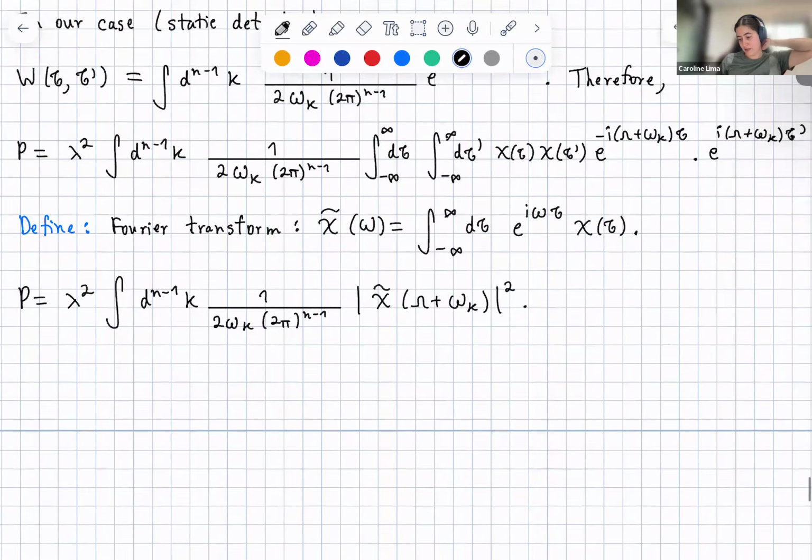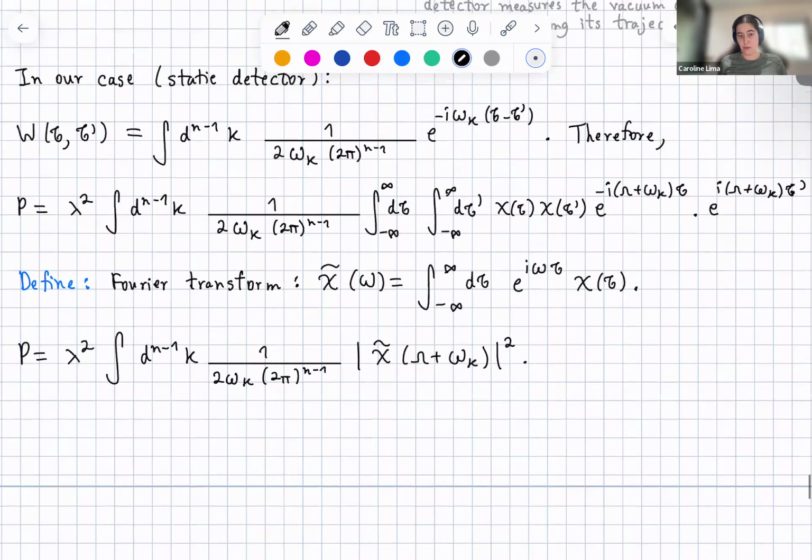Okay, if you do this calculation, you're going to see that that's what you get. So basically, the final probability of excitation of this detector is just the integral over this momentum space of the norm of this Fourier transform squared.